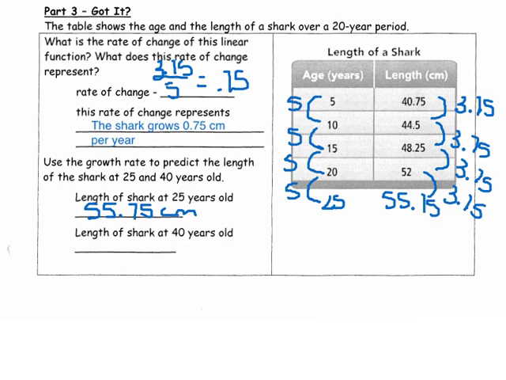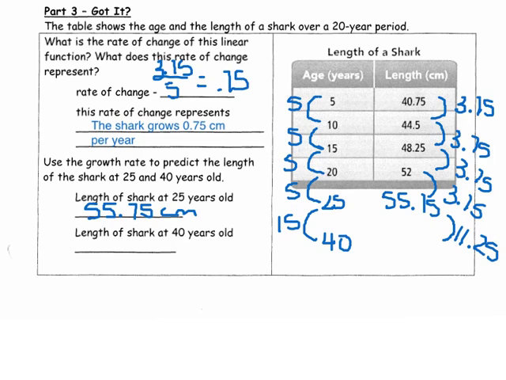Now to get to 40 we have to jump a bit. So to get to 40 we actually go up 15 there, which is 3 times as much as what we have been doing. So I would have to go 3 times as much over here. So 3.75 times 3 is 11.25.